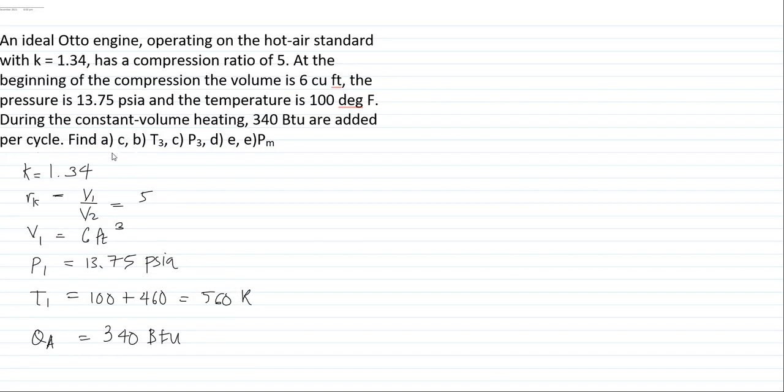So what is C? C is your percent clearance. This is related to the clearance volume. I will explain this further as we solve the problem. T3 is the temperature at point 3.